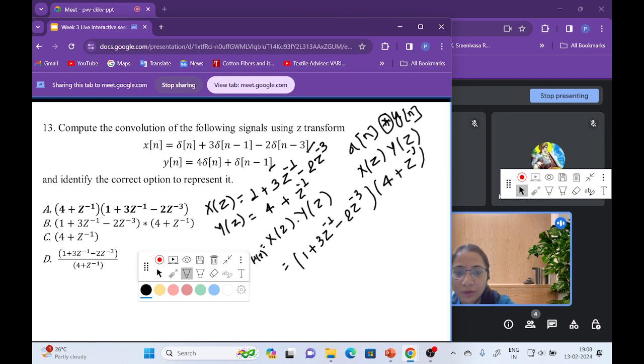Okay, so let's see what the correct option is. Just match this answer to the options. The correct option will be A only, that is 4 plus z inverse multiplied by 1 plus 3 z inverse minus 2 z to the power minus 3.